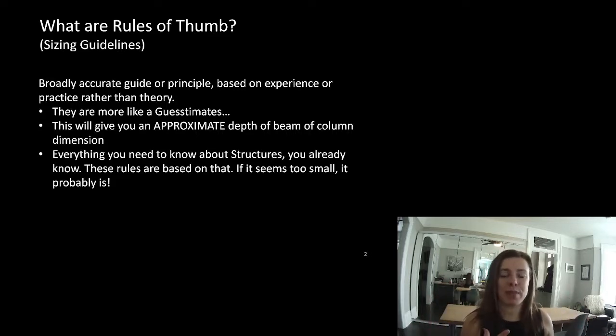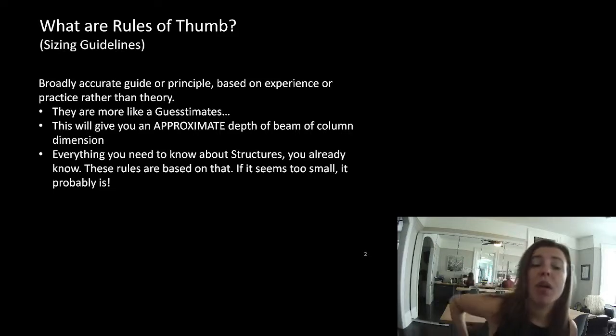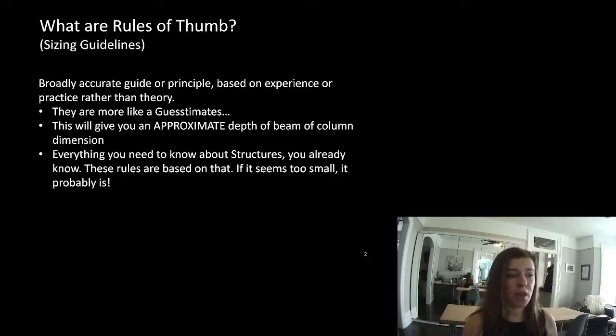So they're a guesstimate. They're not the right answer, but they're pretty darn close to the right answer most of the time. So they will give you an approximate depth of beam or column dimension. And remember, everything you need to know about structures, you already know. These rules are based on that. But if you look at it and something seems off, it's probably off.